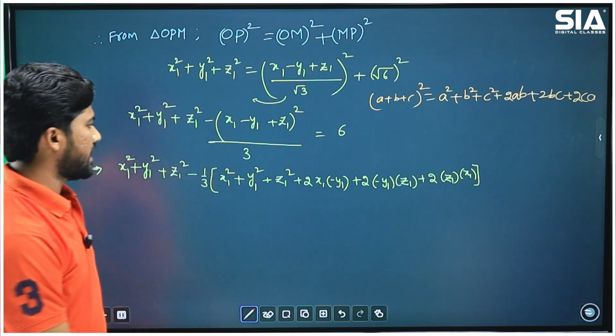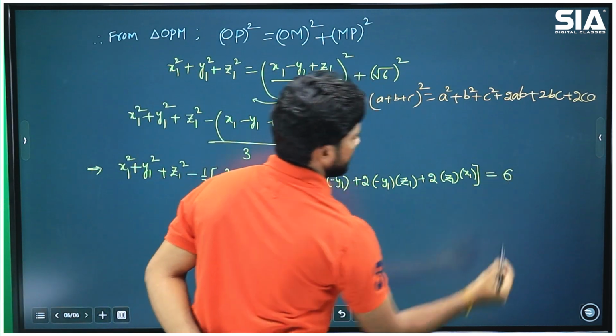Okay, with this that expansion is completed, and it is equal to the RHS value 6.